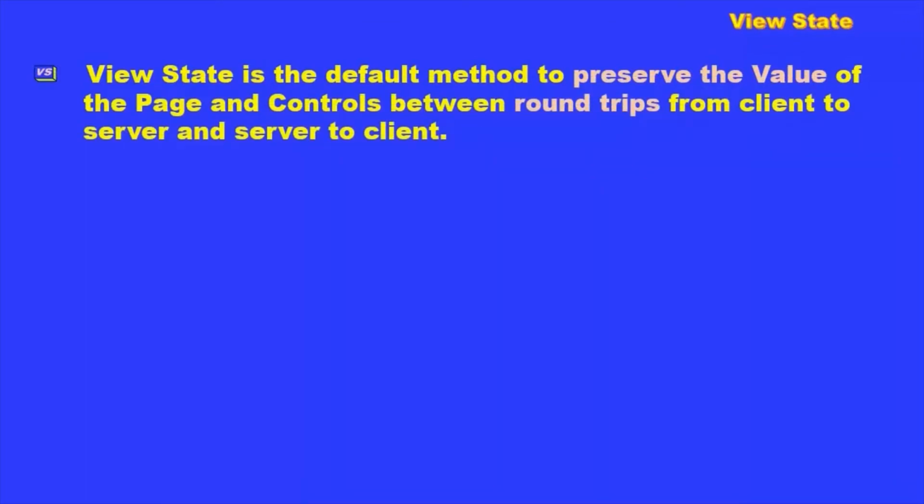ViewState is the default method to preserve the value of the page and controls between round trips from client to server and server to client.